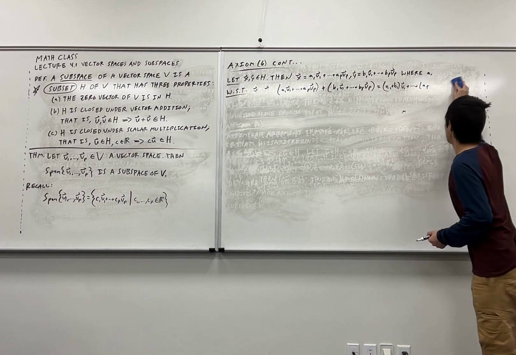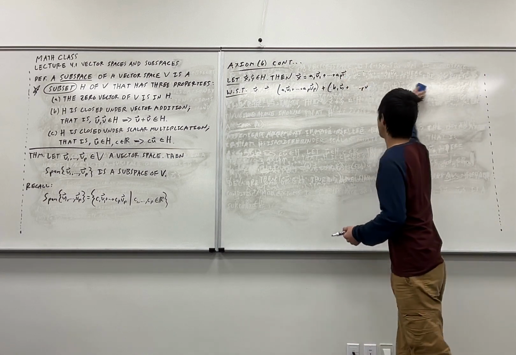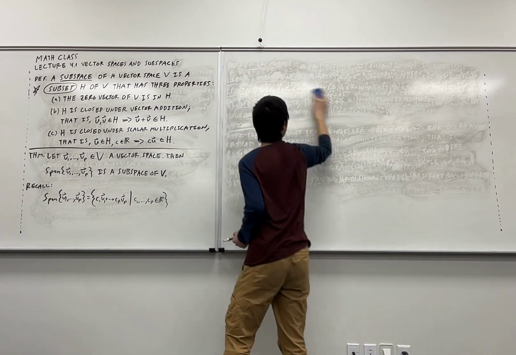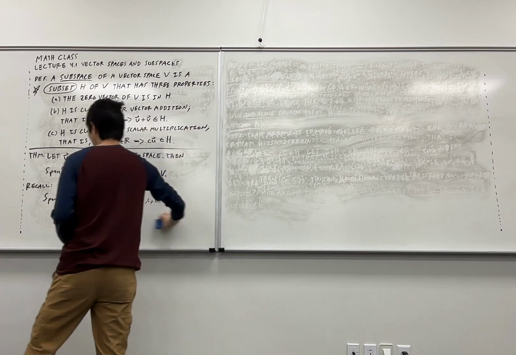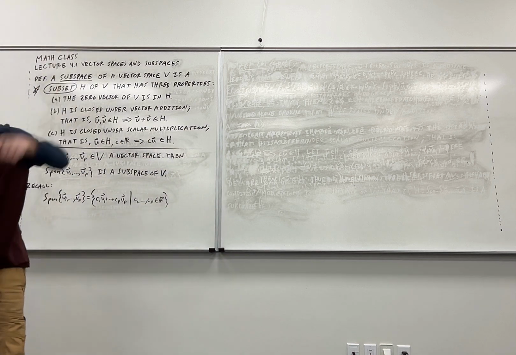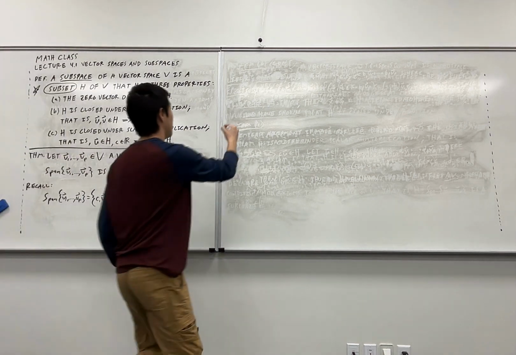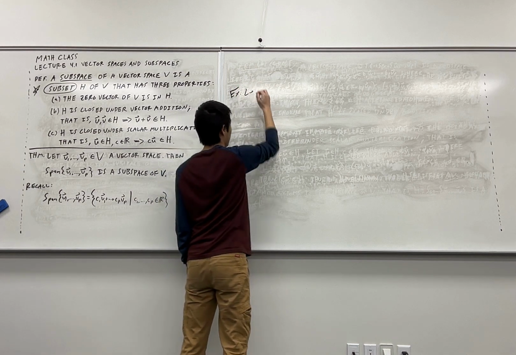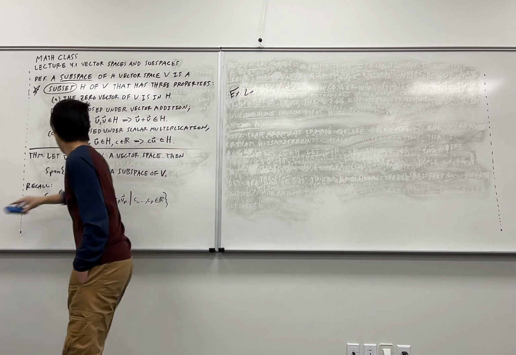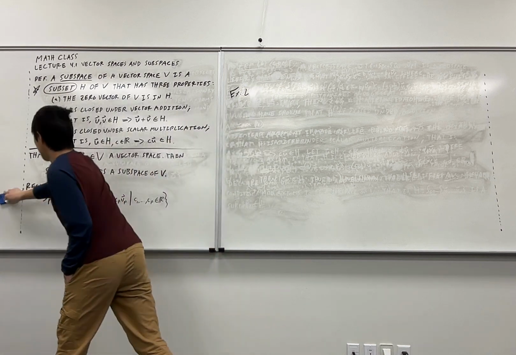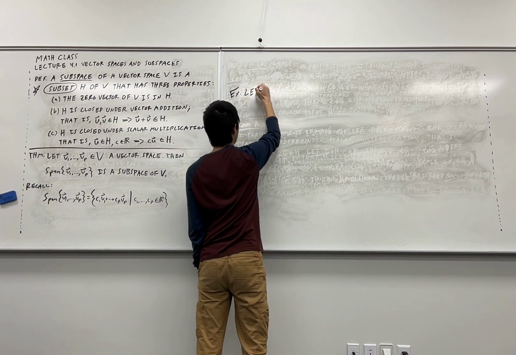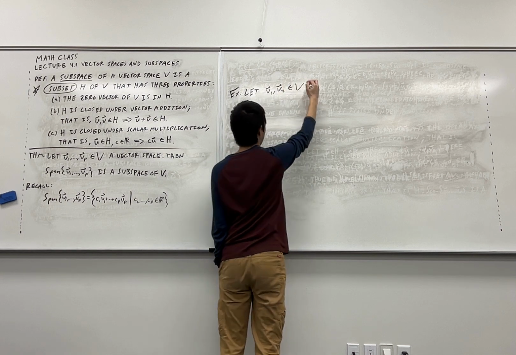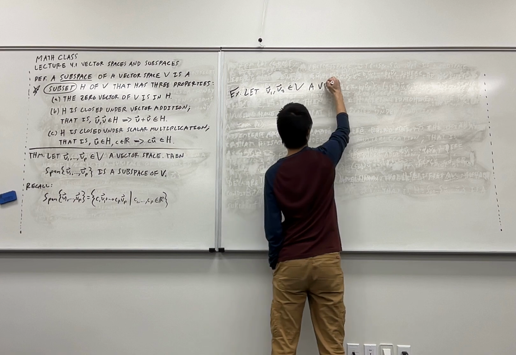I'm going to give one practice problem. So if you want to see if you can do it and if you understand it, then here I'll give you this, as something to practice on. Let v1 and v2 be in V, a vector space.